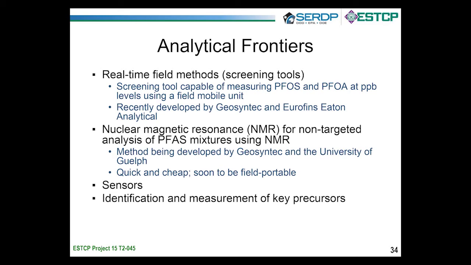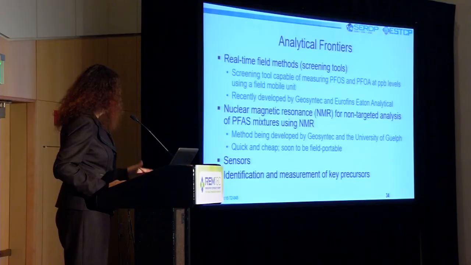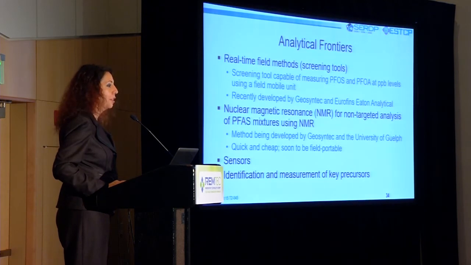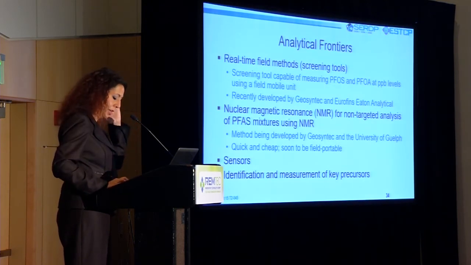There are non-specific techniques like NMR, which can be used for PFAS mixtures. There's the PIGGY methodology that Jennifer has alluded to that is very cheap and quantifies your fluorine concentrations, and then of course sensors. And the TOP assay, which gives you a very good picture of that dark matter, which is your precursors.